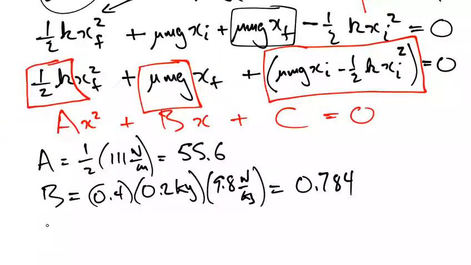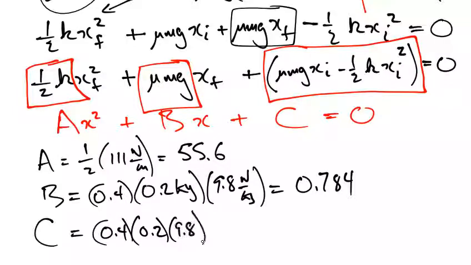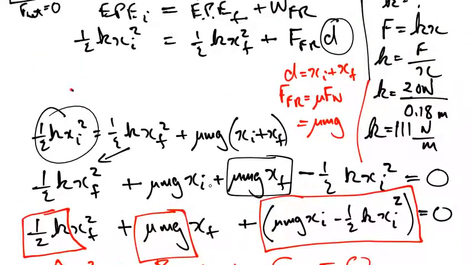And the last one, c, is going to equal, okay, so this one's a little longer. 0.4 times 0.2 times 9.8, I'm just not going to bother with units at this point, times xi, which was, I think, 0.18.